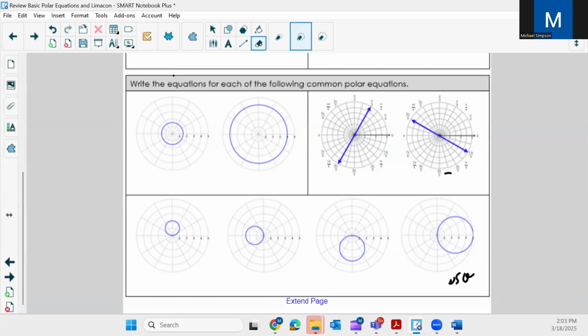What is the formula? Theta is equal to the angle, right? So if it's a straight line, we use theta is equal to whatever angle the line is going through. Are we agreed?